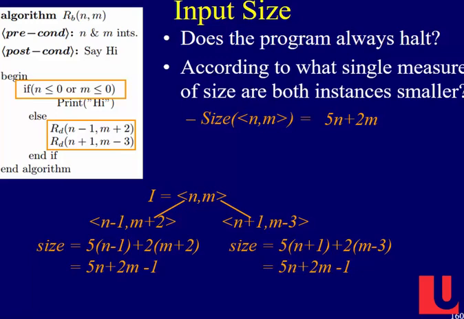It's 5 times n plus 2 times m. And this is my n and my m. And then I rearrange it, and I see the measure of my friend is 1 less than my measure. Right? And I do the same for this friend. This friend, the measure is 1 less. Right? And then, everybody got the way it works?